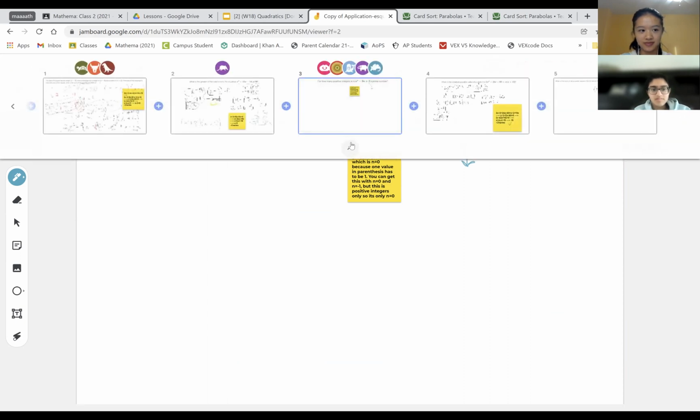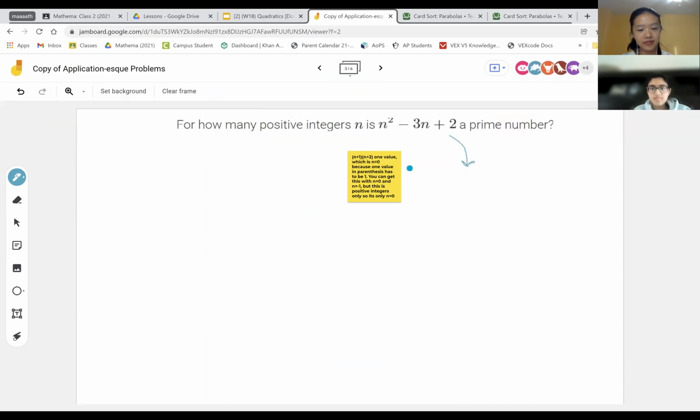And remember, it says positive integers. Positive is anything that can be expressed with a plus sign, so that does not include 0. Plus 0 is 0. 0 is not a positive number.